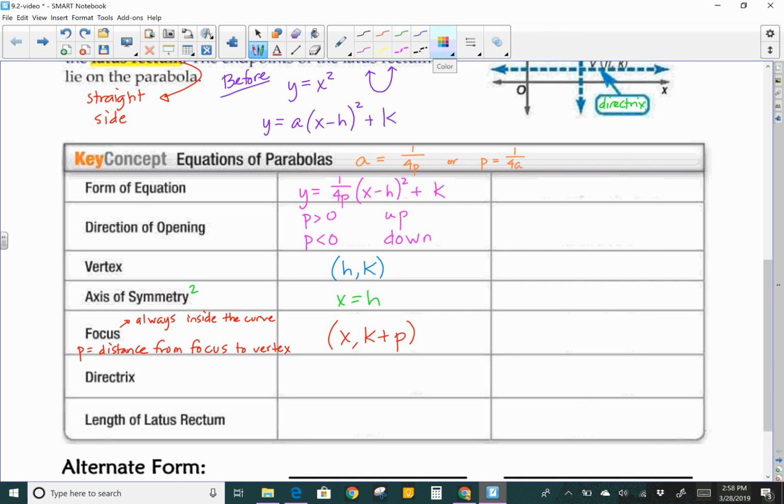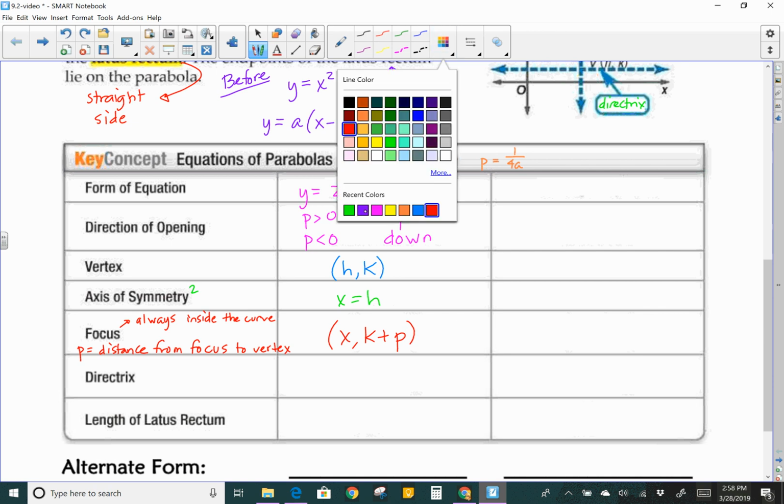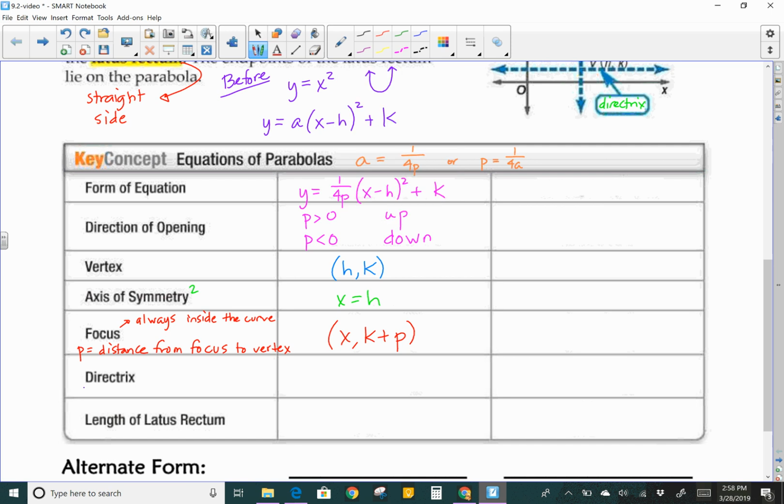Then we have something called the directrix. Okay, again, directrix is associated with p. P is the distance from directrix to the vertex. Don't do that.